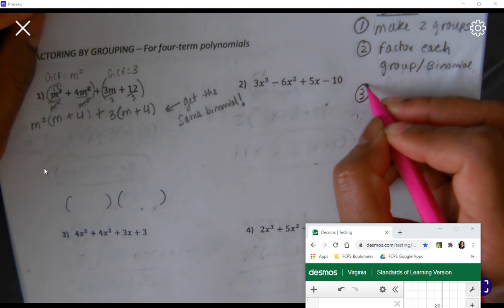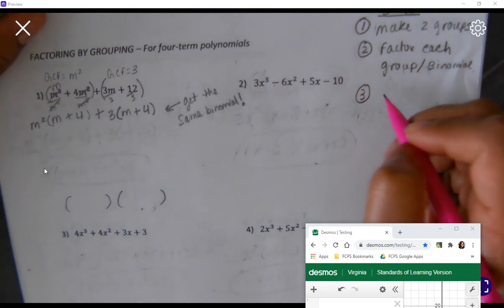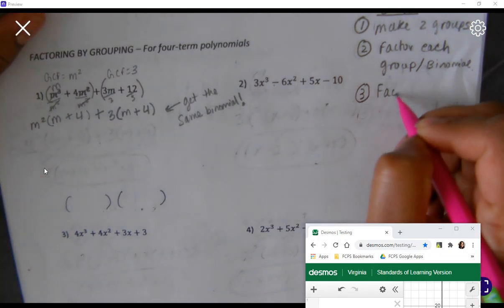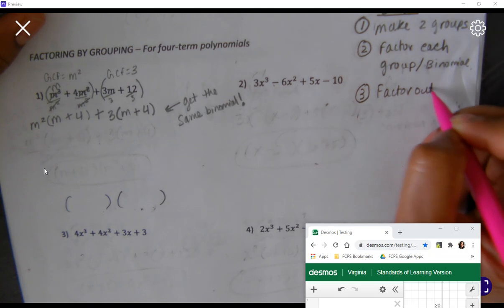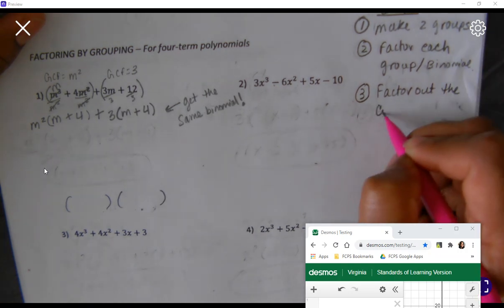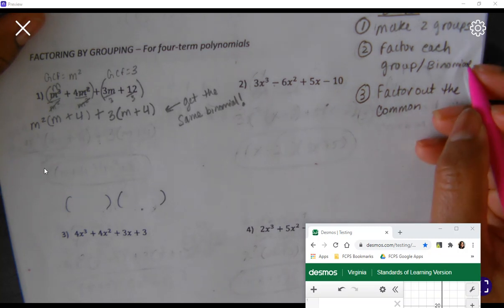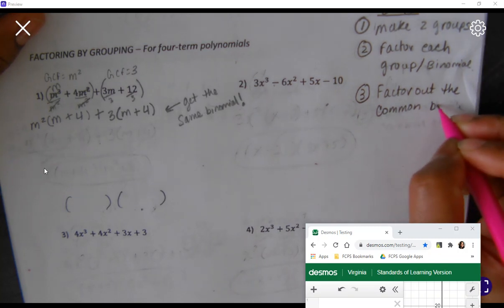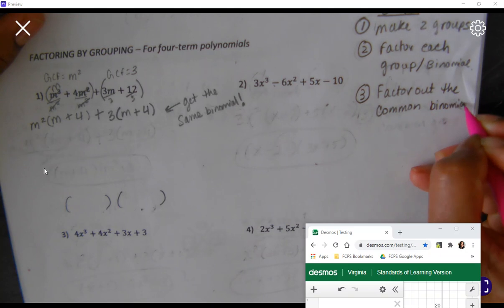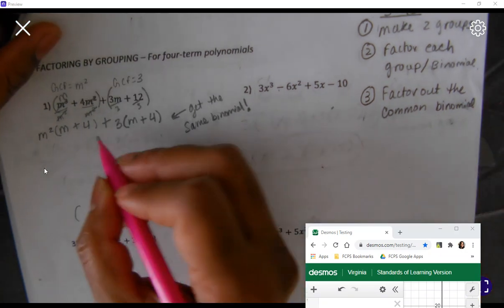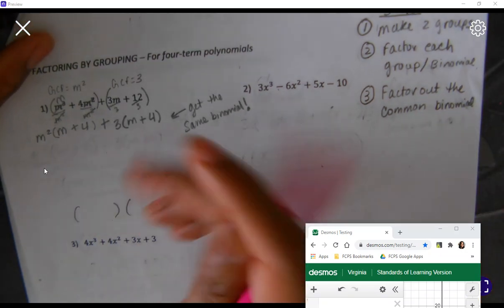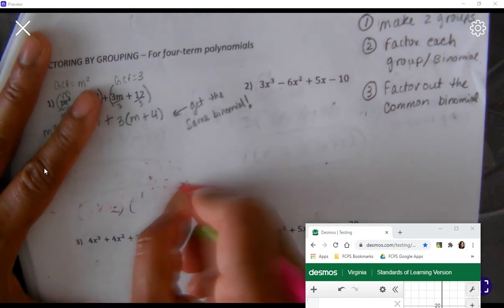And then step 3, we're going to factor out the common binomial. Common just means same. So this is my common binomial.